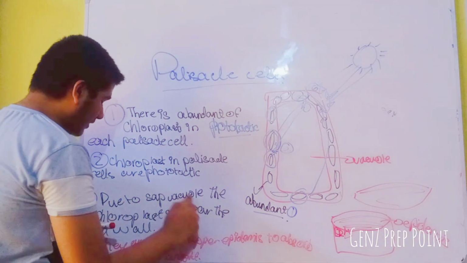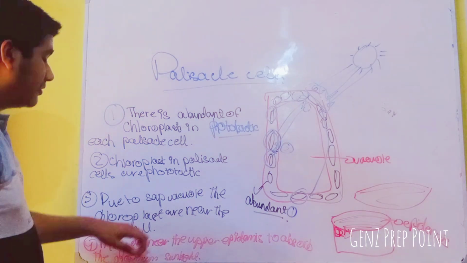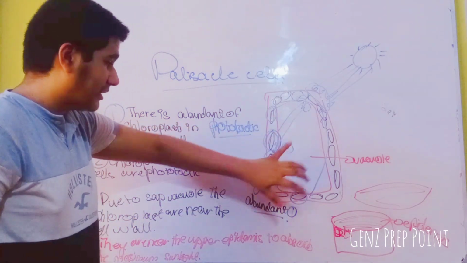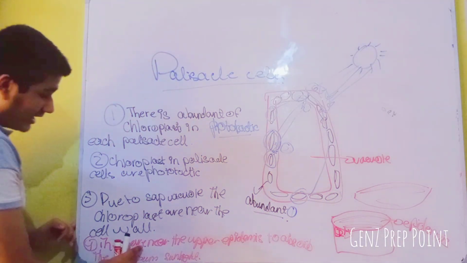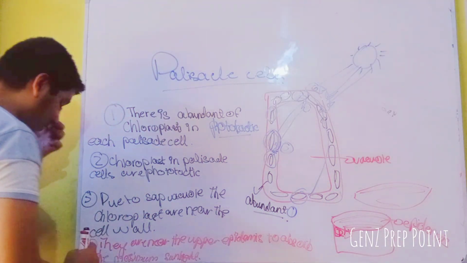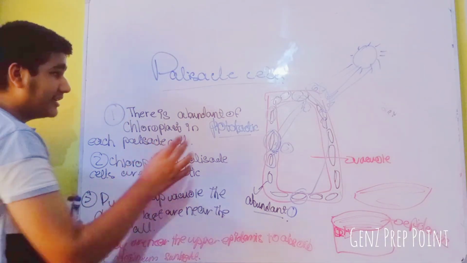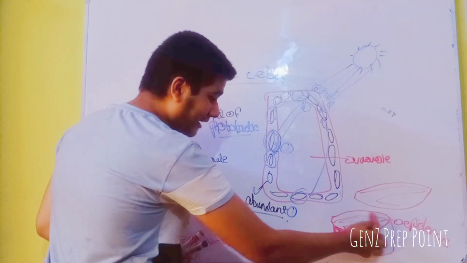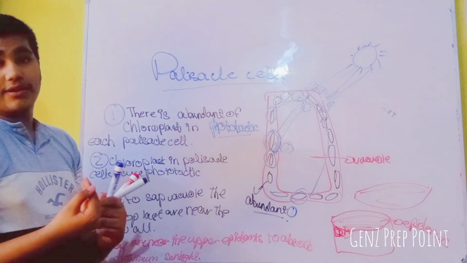Due to the sap vacuole, chloroplasts are near the cell wall. This sap vacuole pushes the chloroplasts near the cell wall. They are near the upper epidermis to absorb the maximum sunlight. They are near the upper layer, so they can have direct contact with the sunlight.